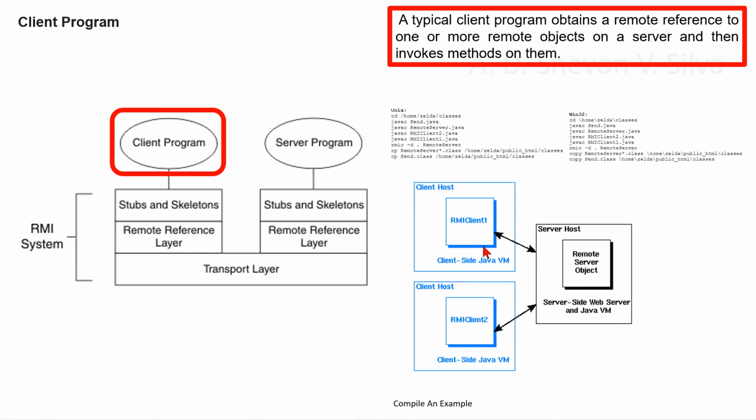RMI client 1 is invoked from the client-side directory and uses the client-side web server, server-side web server and client-side Java VM to download the publicly accessible files. And RMI client 2 is invoked from the client-side directory and uses the server-side web server and client-side Java VM to download the publicly accessible files.